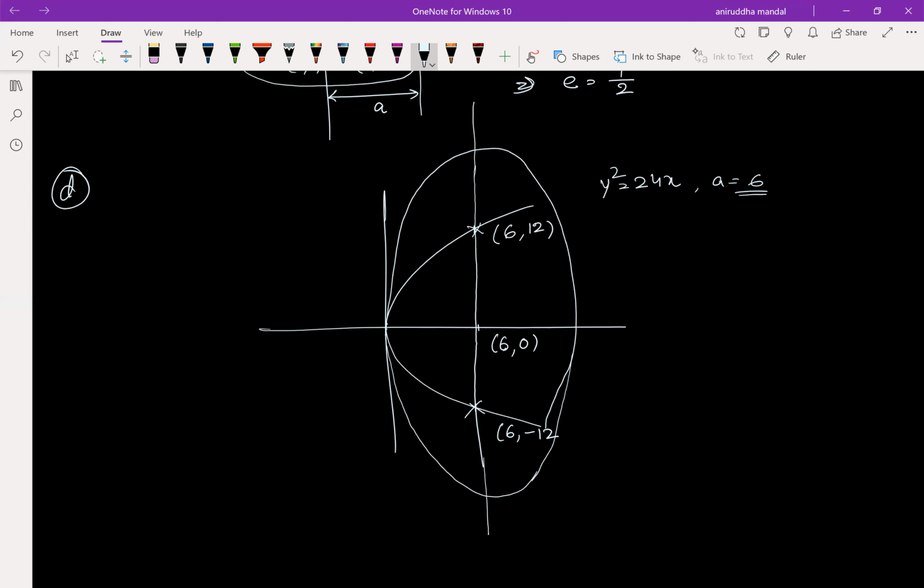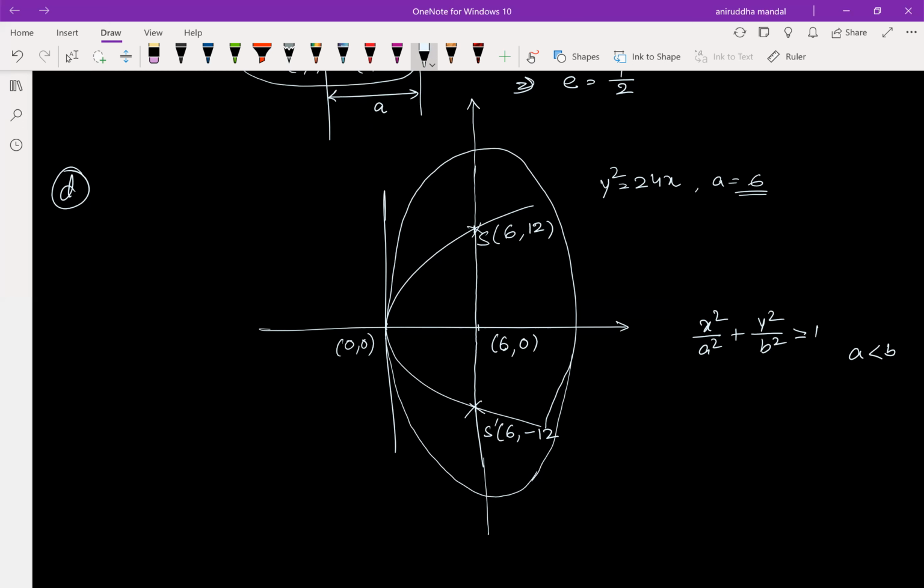These are the foci S and S dash, and this is 0 comma 0, the vertex of the parabola. So this is an ellipse elongated parallel to the y-axis, which means the equation of the ellipse is like this, where A is less than B.